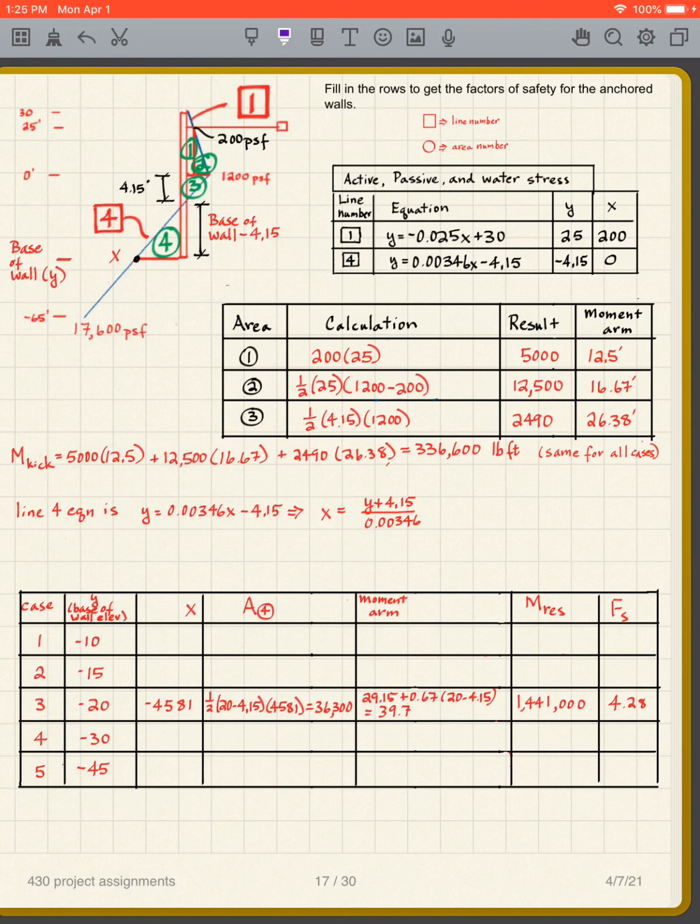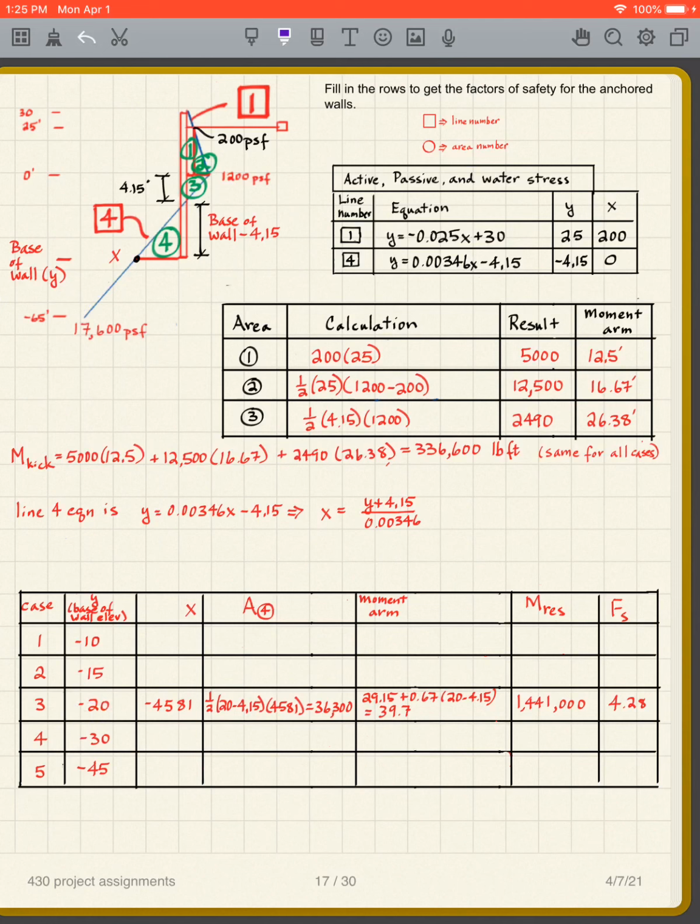So again, I'm using square as the line number, circle as the area number. And so I have my line, I'm looking at my wall, looks like this, with the net stresses. And we are going to do the case of the wall going to -20.